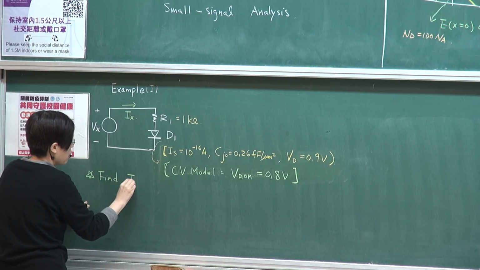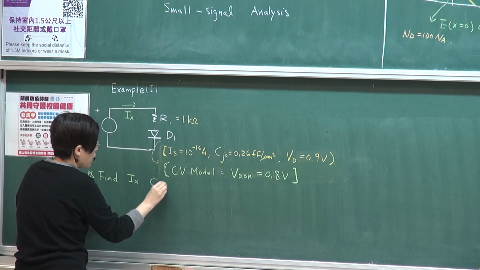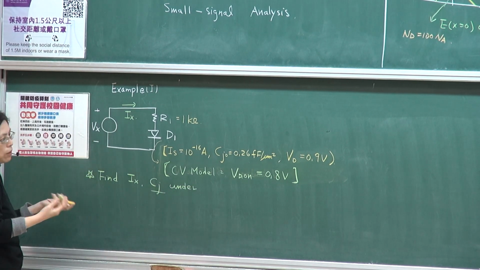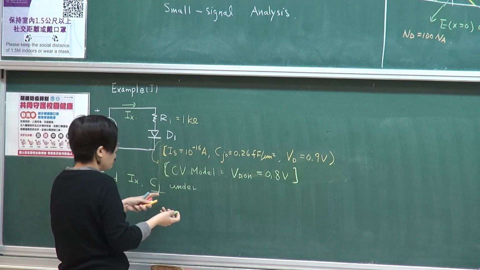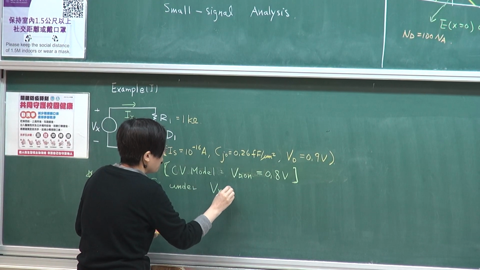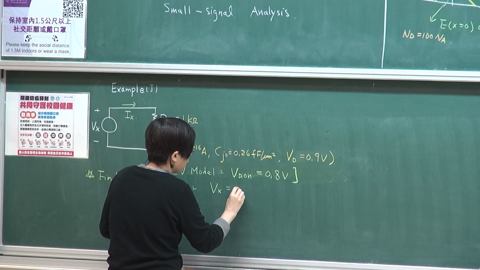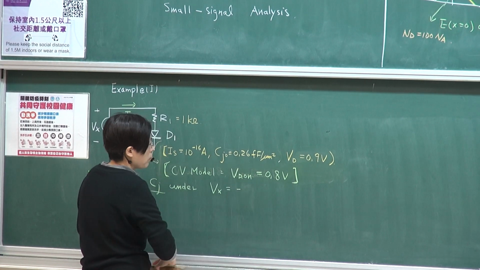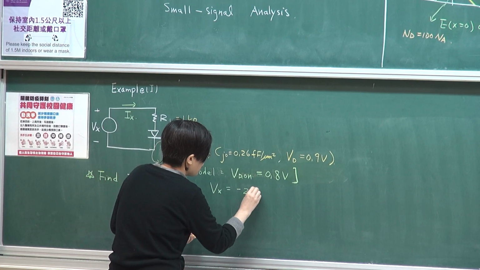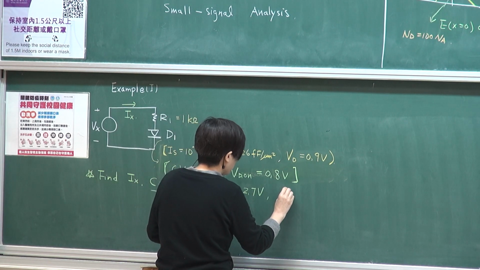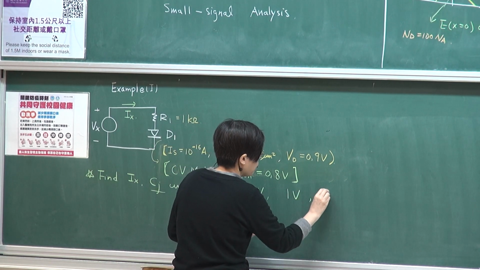So I ask you to find Ix and Cj. Cj we only consider under reverse, because in forward it's very hard to determine. So I want to find this under Vx equal to, let me give it a number, minus 2.7 volts, or 1 volt, or 3 volts.